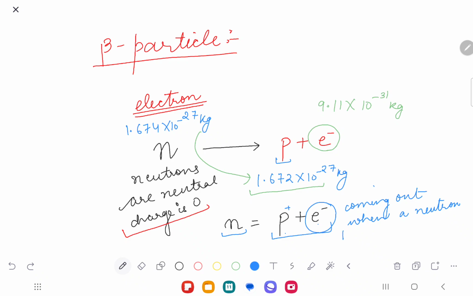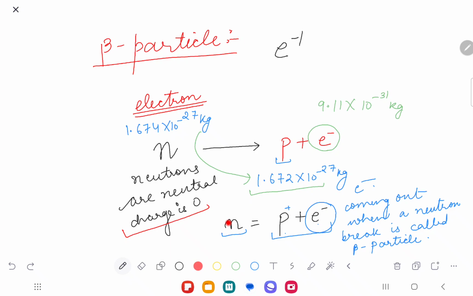Are you understanding? So beta particle is just an electron, but the only difference is that it emerges out when a neutron breaks. Very simple. You understand my point?